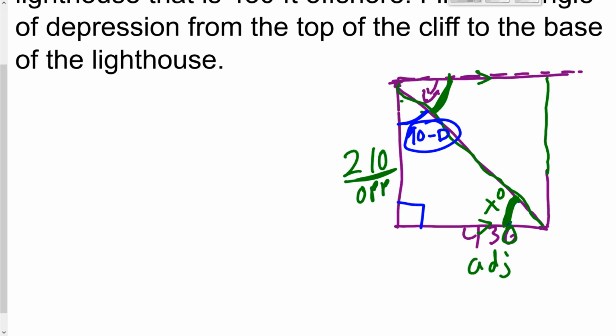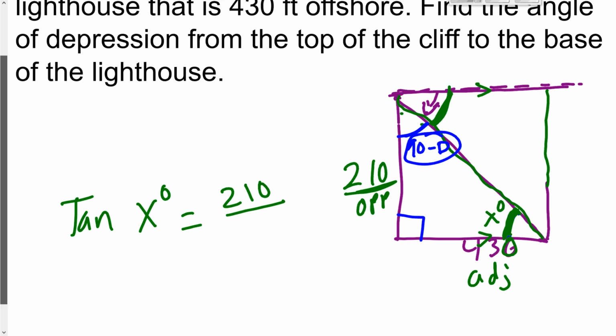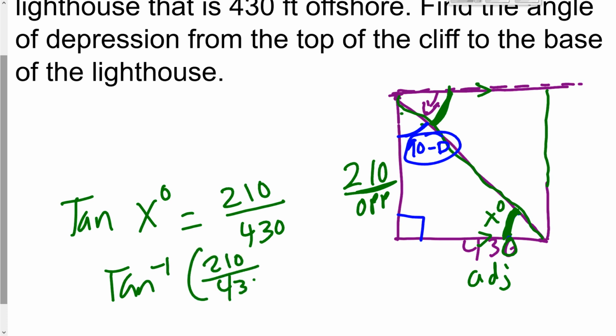So tan of our angle that we're trying to find is equal to the opposite, the cliff height, divided by the adjacent, which is our offshore distance, 430. When we're finding the angle, we want to do inverse, right? So I do tan inverse of my ratio here, opposite over adjacent, and that's going to give me the angle that I'm after, which is the same as this angle of depression up here.